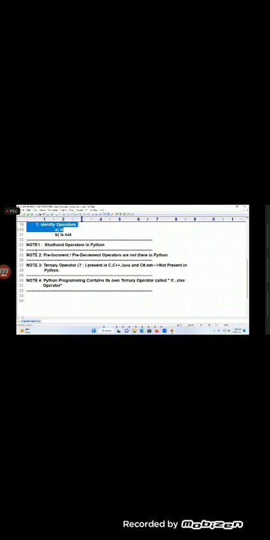So we have 7 types of operators. This is what we have listed already in the previous session. As a part of it, note 1, note 2, note 3, note 4, these are the things we have already completed.